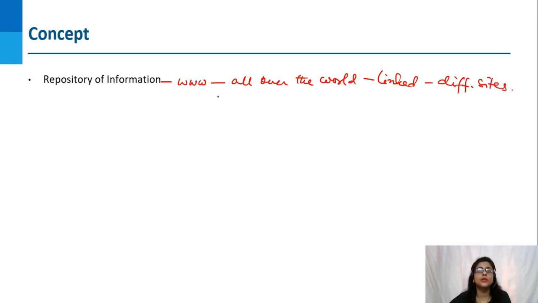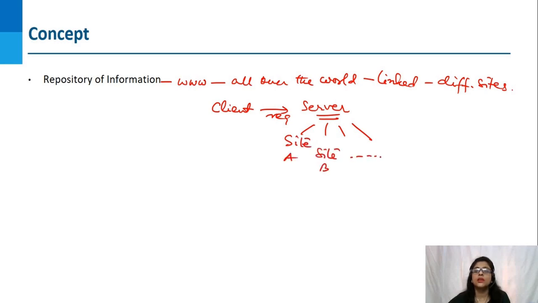Now this is very important because there is a client which would request for a web document from a server. Now this server has several sites where these documents are placed. Whenever there is a request from a client, the server fetches that particular site which is there in the request and gives in response the web document that is desired by the client.